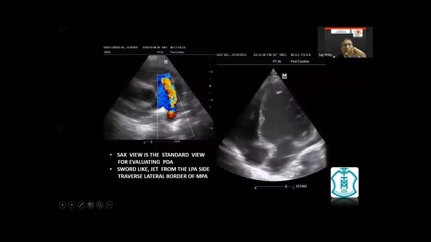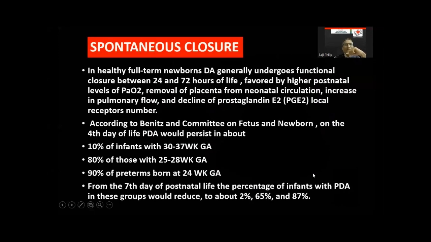So a red or orange color, or turbulence within the blue color, is nothing but the ductus arteriosus, a sword-like jet from the LPA side traversing the lateral border of the MPA. Indirectly, the LV will be dilated and the LA will be dilated.